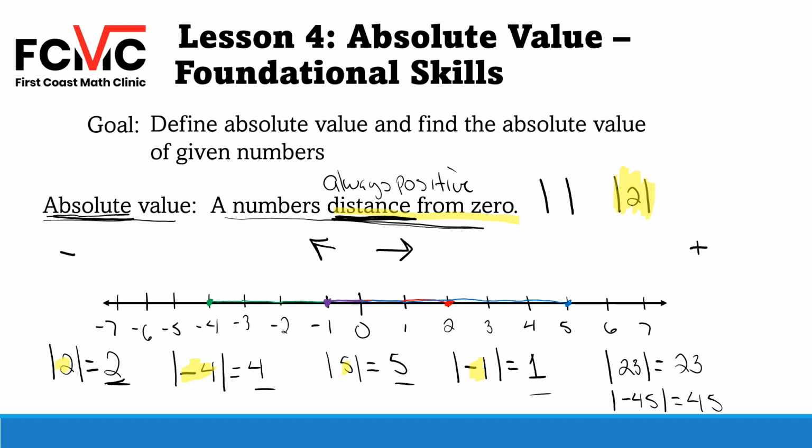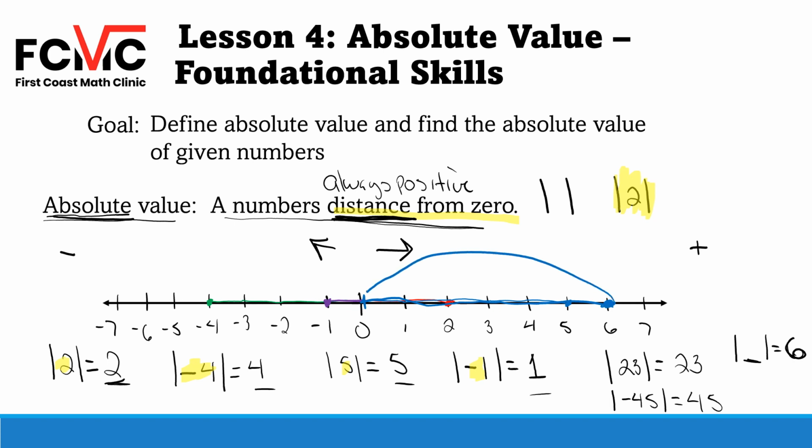All right, let's do one more example. Let's go in the opposite direction. Let's say, what number has an absolute value of 6? So what number has a distance from 0 of 6? We may be thinking right off the bat, well, I know 6 is 1, 2, 3, 4, 5, 6 units away from 0.